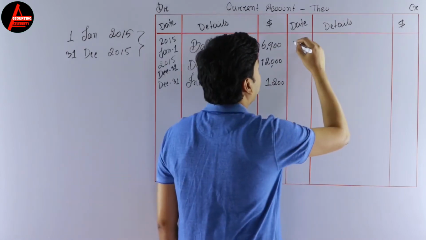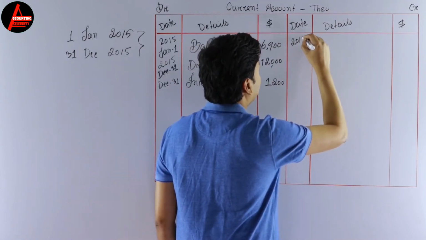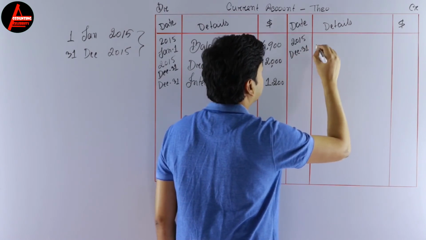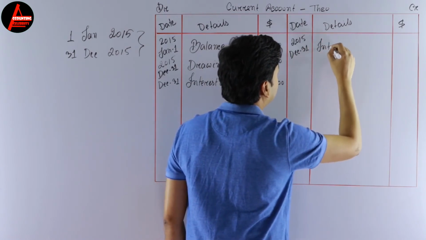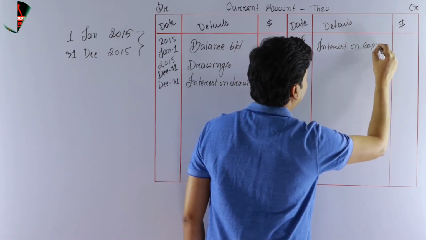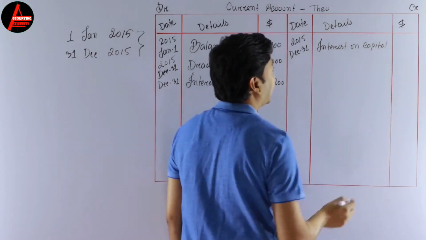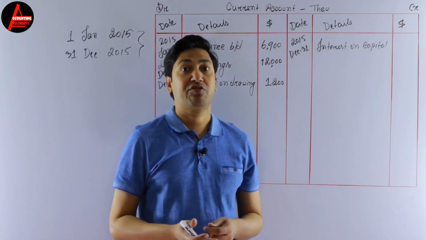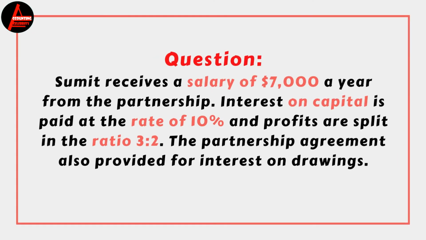Okay, so here first of all we have to record interest on capital. So let us write here 2015, the last day of the period, December 31st, interest on capital. Interest on capital is not given directly, but it is written in the question that interest on capital is paid at a rate of 10%.